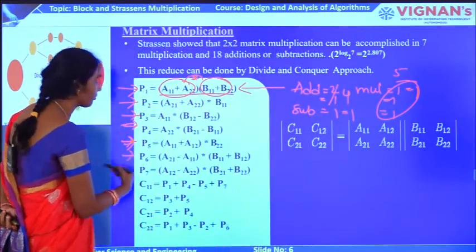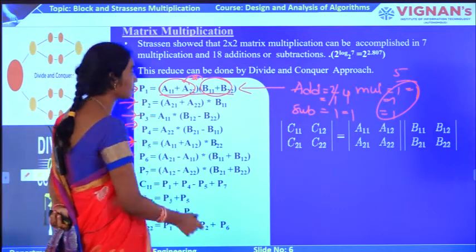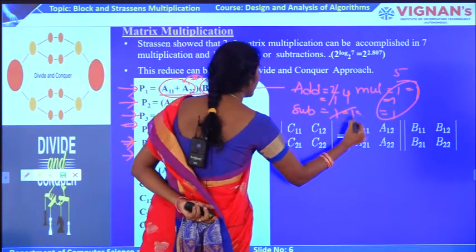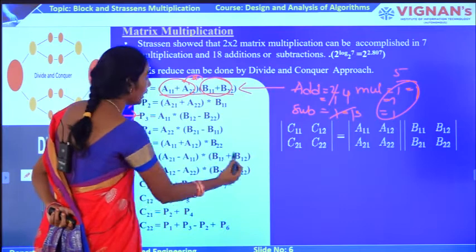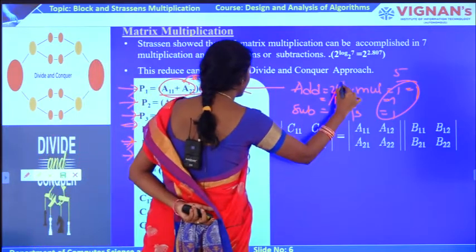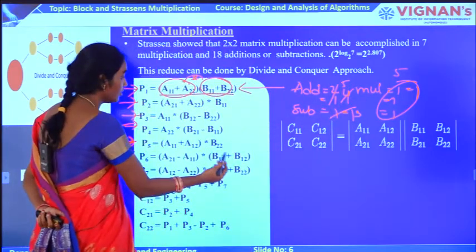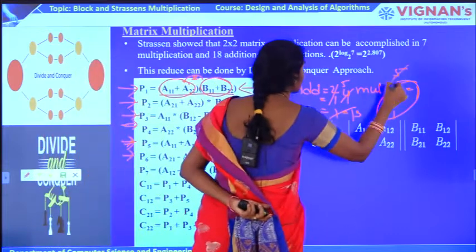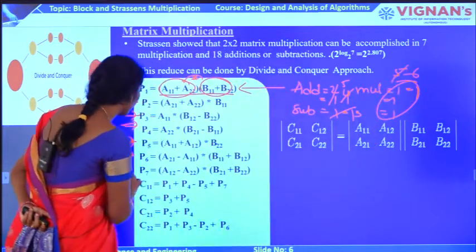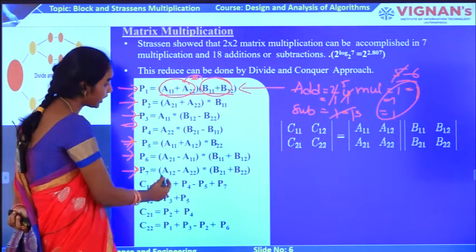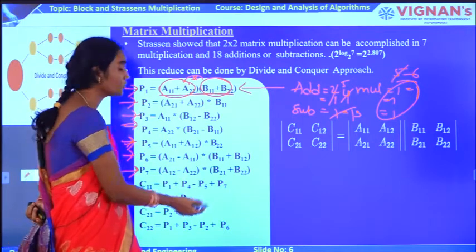Now for P6, 1 subtraction. So that is 3 subtractions till now, and 1 addition, that is 5 additions, and 1 multiplication, that is 6 multiplications. Now P7: A12 minus A22 into B21 plus B22.